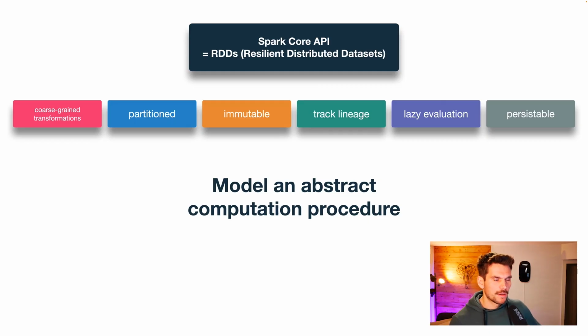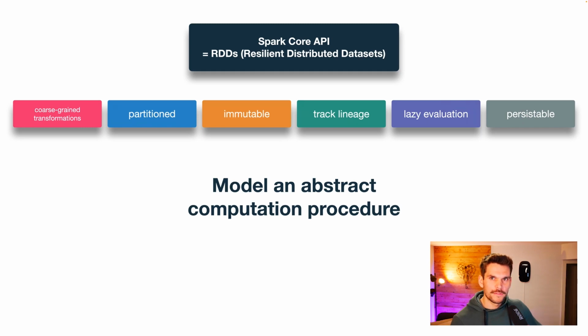Let's get started. So as I said, the Spark Core API defines an abstraction over the MapReduce idea, which is the RDDs, Resilient Distributed Datasets, while the terminology datasets is slightly misleading because the RDDs are more an abstract computational procedure as they do not contain actual data.